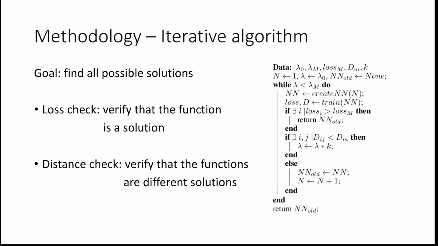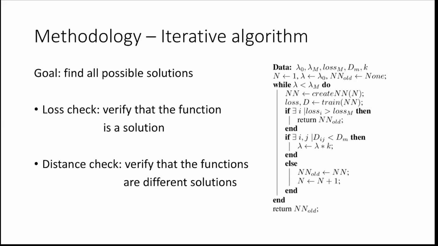So we have no more than one function, so we don't have a distance because we have just one solution. And we can then try to test if there are 2 solutions.